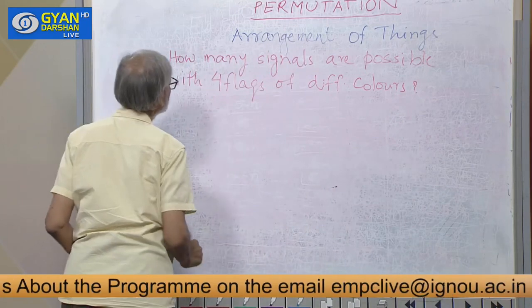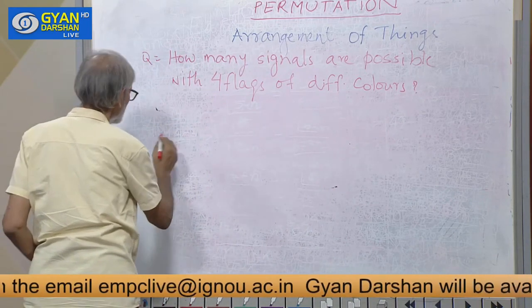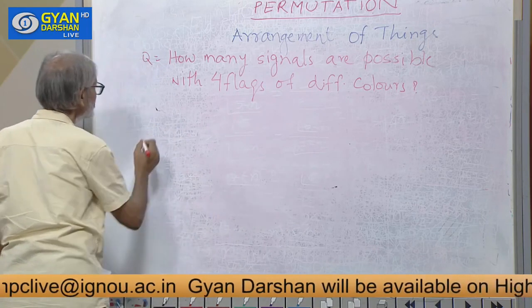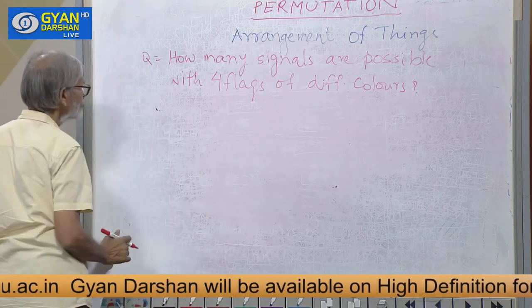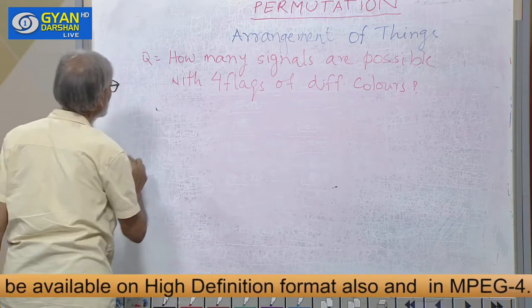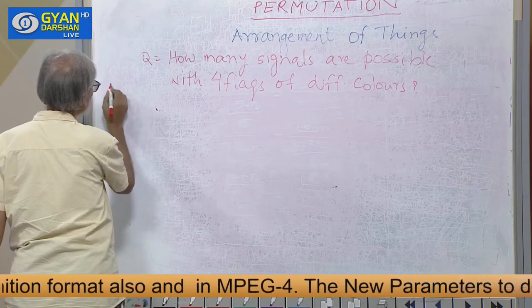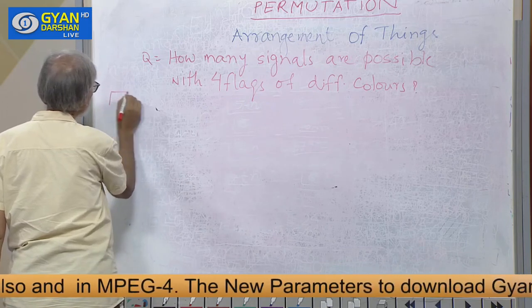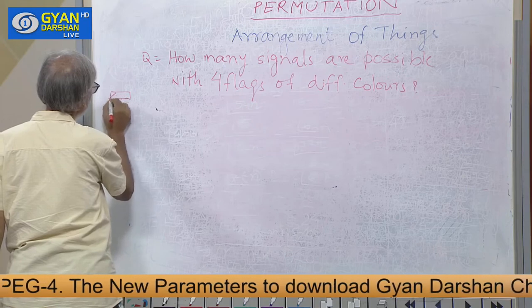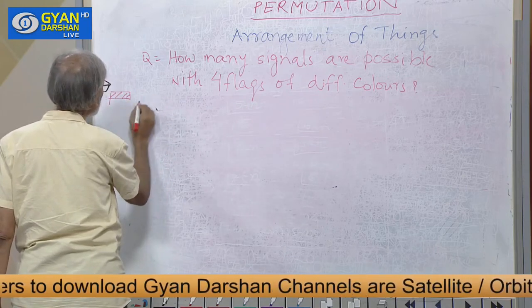Now, very easily it can be solved. Suppose signals may be of one flag only, so only one flag, and there are 4 colors.